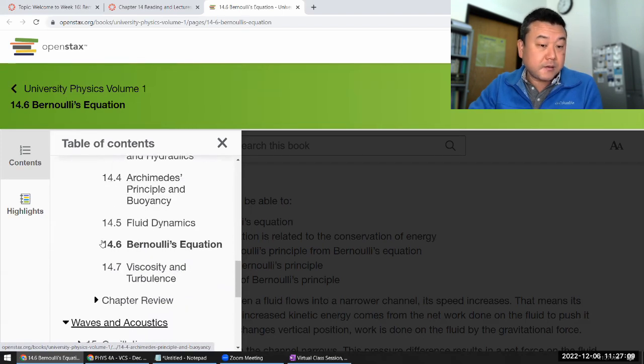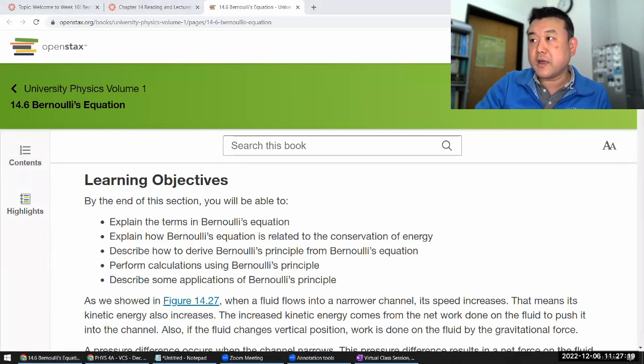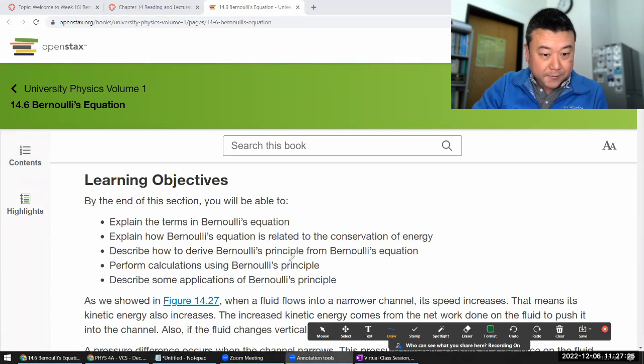So within chapter 14, section 14.6, Bernoulli's equation, is where Bernoulli's equation is introduced and derived. We'll read through this together, and I will pause and comment where I see something. I have to tell you, I haven't actually read through this in detail before.